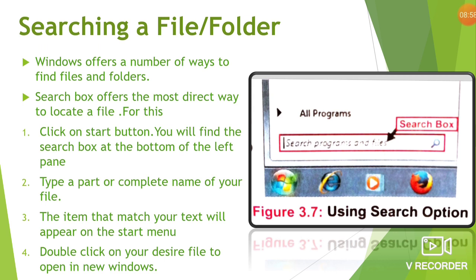Sometimes what happens, maybe you forget your file name or part of your file name, then how will you search? Windows 7 also provides a way to search your file if you forget part of the name of your file.